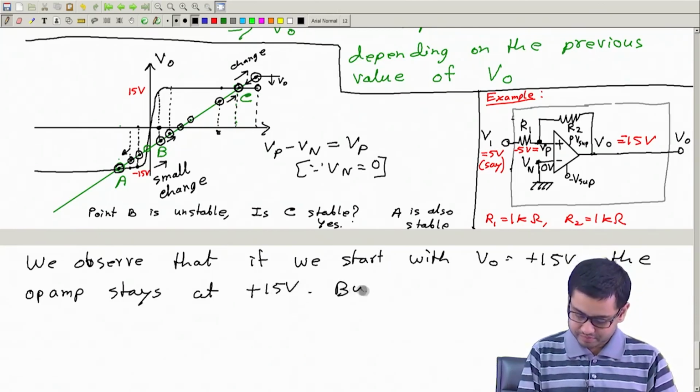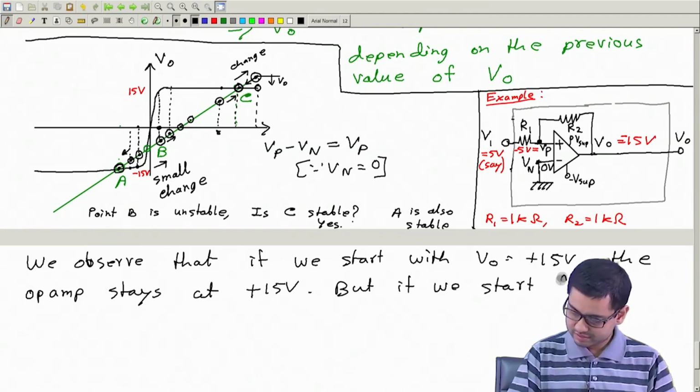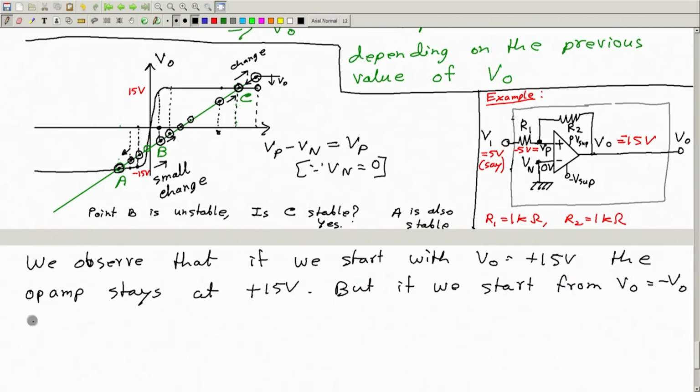But if we start from VO equal to minus 15 volt, then the op amp stays at VO equal to minus 15 volt. So it depends on the previous value.